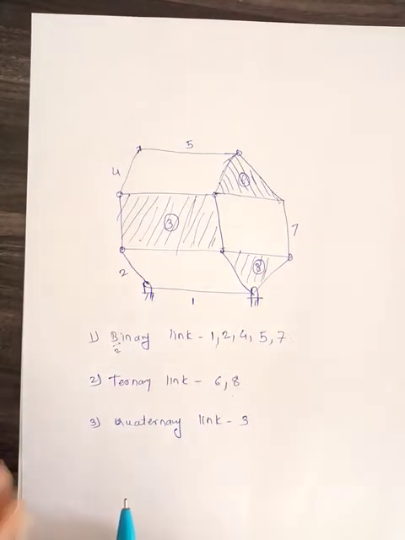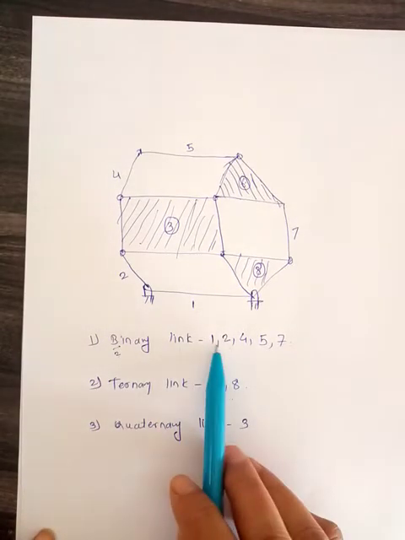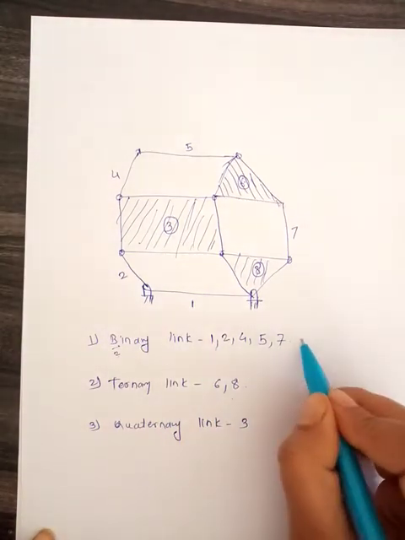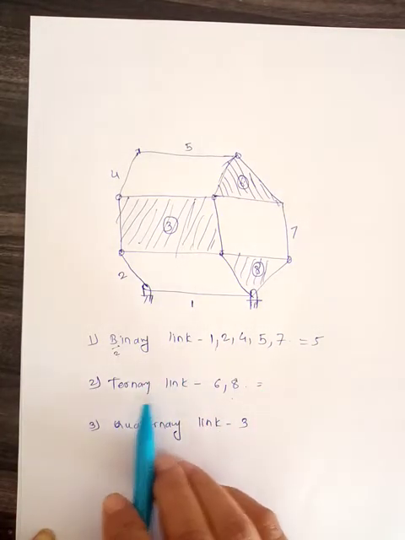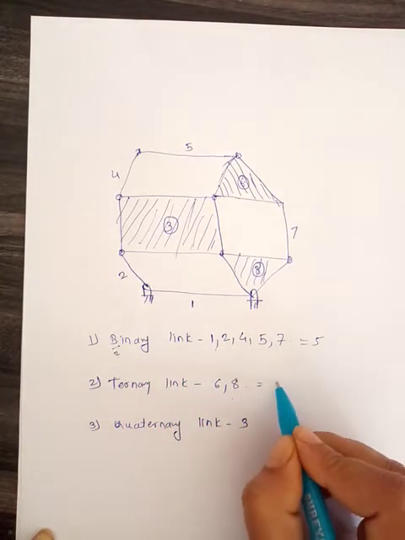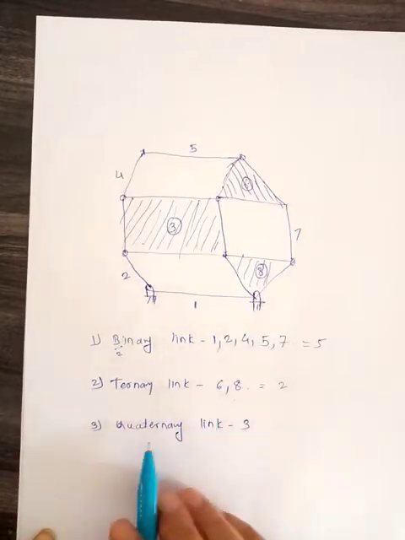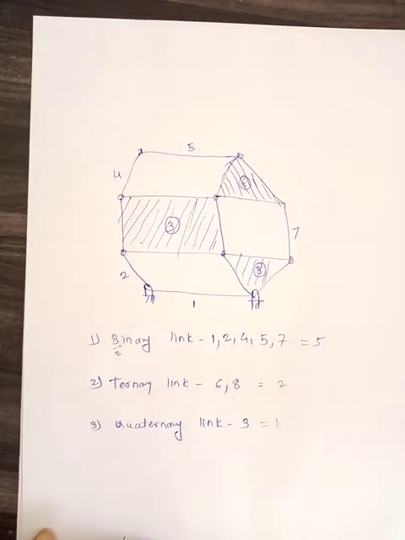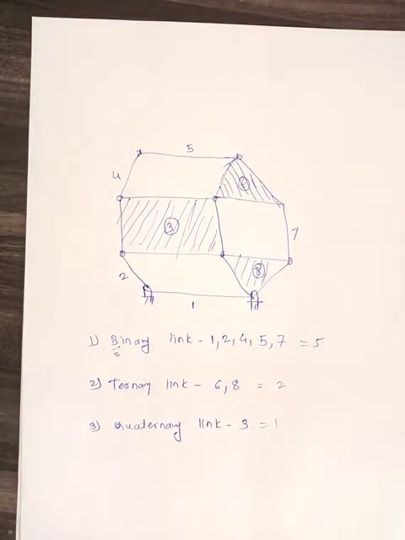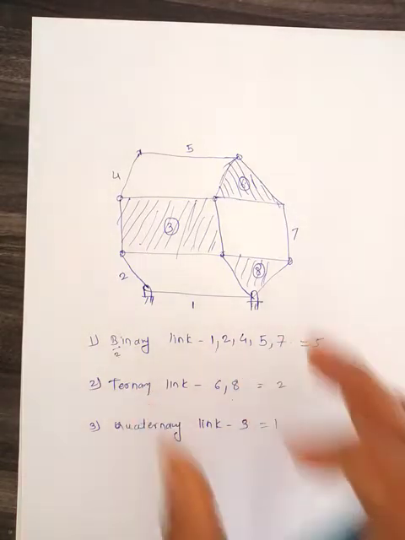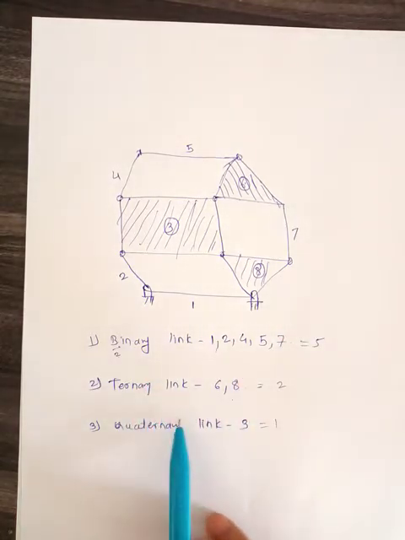In this mechanism there are 5 binary links, 2 ternary links, and 1 quaternary link. This is the example of the binary link, ternary link, and quaternary link.